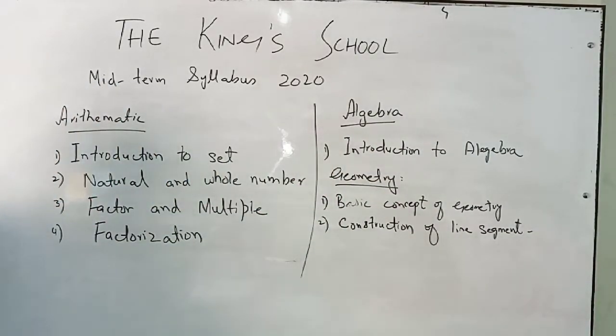So we have 7 chapters in our midterm examination, of which 4 are arithmetic. In algebra we have only one chapter, because this is the first time you are going to read algebra, so I just included one chapter in the midterm syllabus.